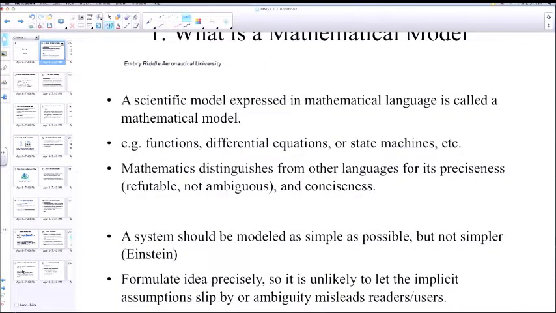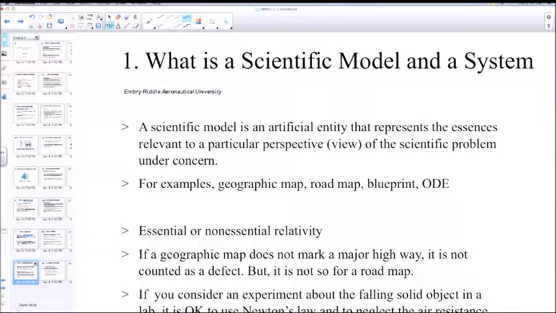So what is a scientific model? Well, a scientific model is an artifact in scientific research. It's the language you choose or the material you choose to represent the essence relevant to what you are concerned with, to a particular perspective, or you can call it a view, what you really want to look at. Now, an example.